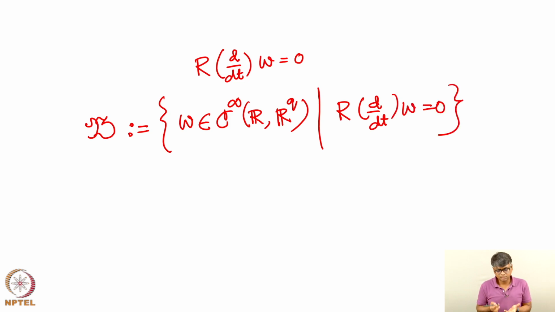This is my behavior. This is a behavior that is described by a linear ordinary differential equation with constant coefficients. So, these are the kind of systems that we are going to concentrate on mostly in this course.